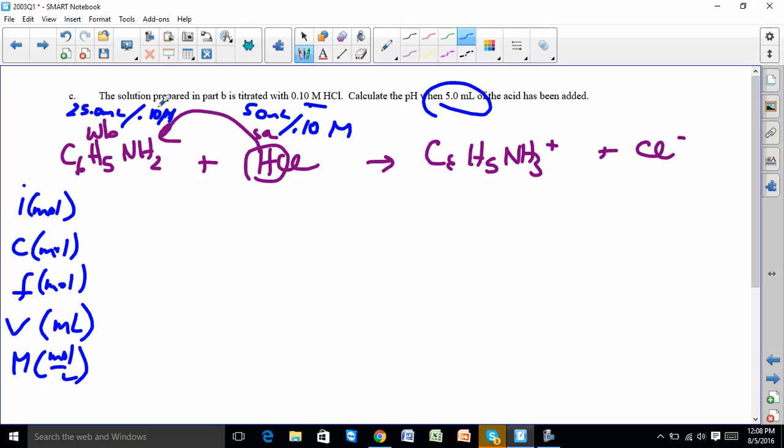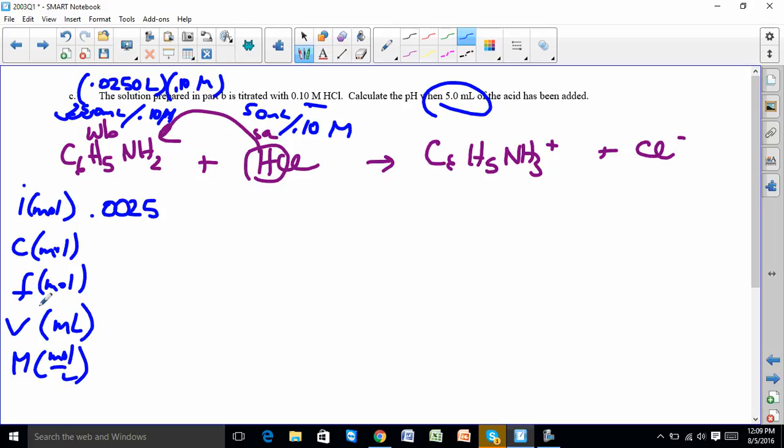Okay, so here's the deal. I got 0.0250 liters times 0.1 molar. And if you do that, this is 0.0025. I am not going to worry about sig figs till the end.